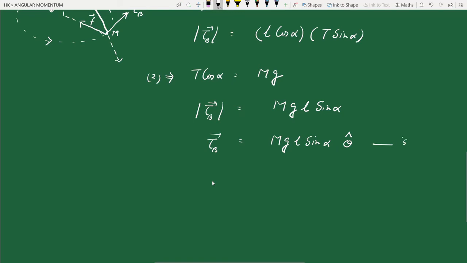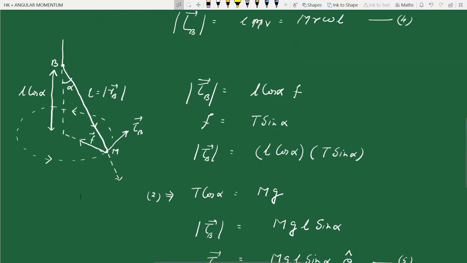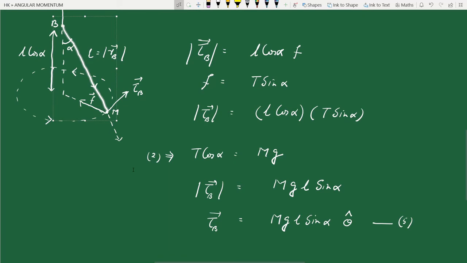Let us keep it here. This is the magnitude of the torque about the origin B, and its direction is tangential to the circular path, which is the direction of increase of the angle theta. So mgL sine alpha theta cap.